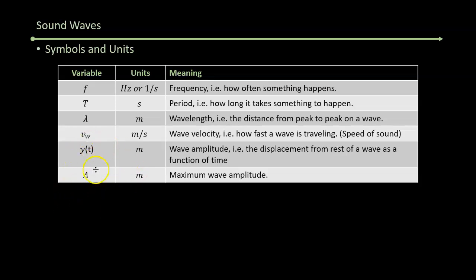And wave amplitude. Here I have y as a function of t, as a function of time. Later we'll look at it as a function of time and position, but it's in meters, and it's the displacement from rest of a wave as a function of time. And then A is our maximum wave amplitude, and that's also in meters.